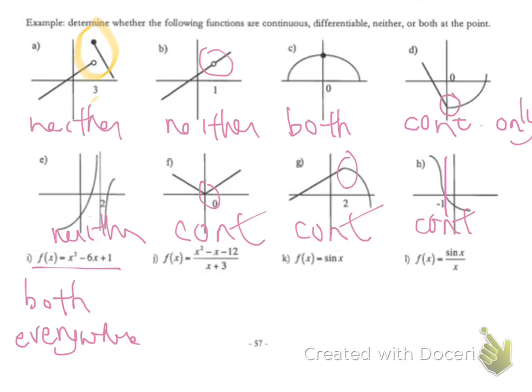This is a rational function, so it's continuous and differentiable everywhere in its domain. But what is not in its domain is x equals -3, so it's not continuous at x equals -3. Now keep in mind this is still a continuous function and a differentiable function.